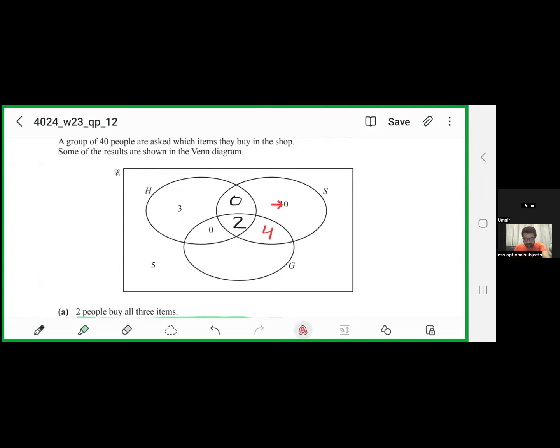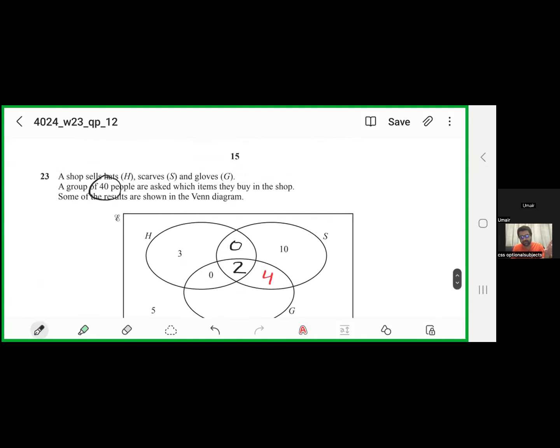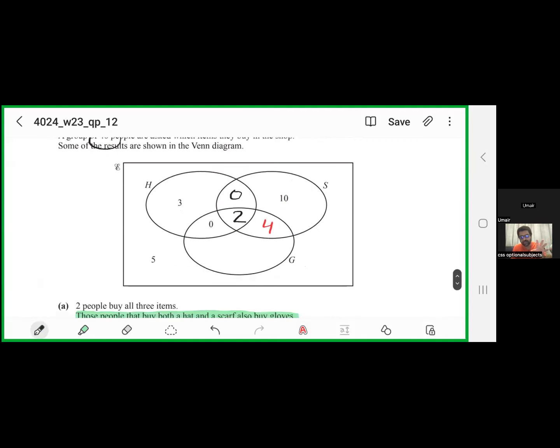These 5 are those who did not buy anything. So 24 are present here. Where are the rest of the 16 people? Because total people who were interviewed were 40. So 16 people will be in this region, because these 16 are those who buy only gloves.